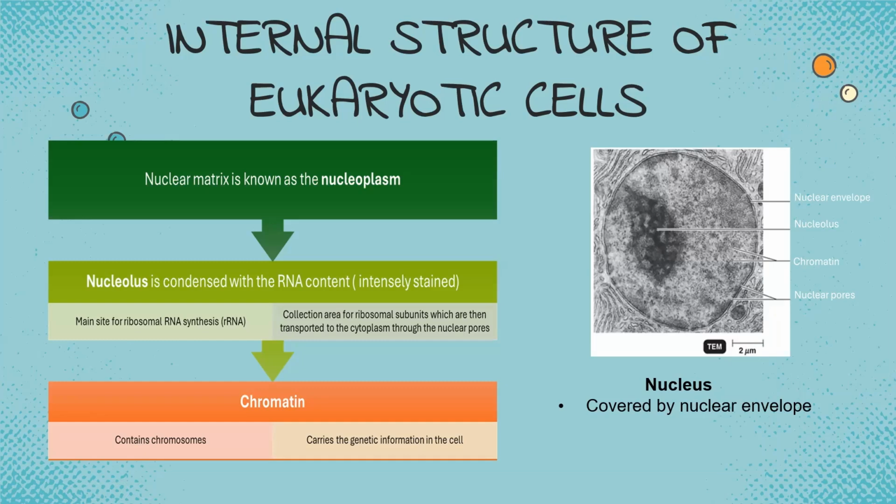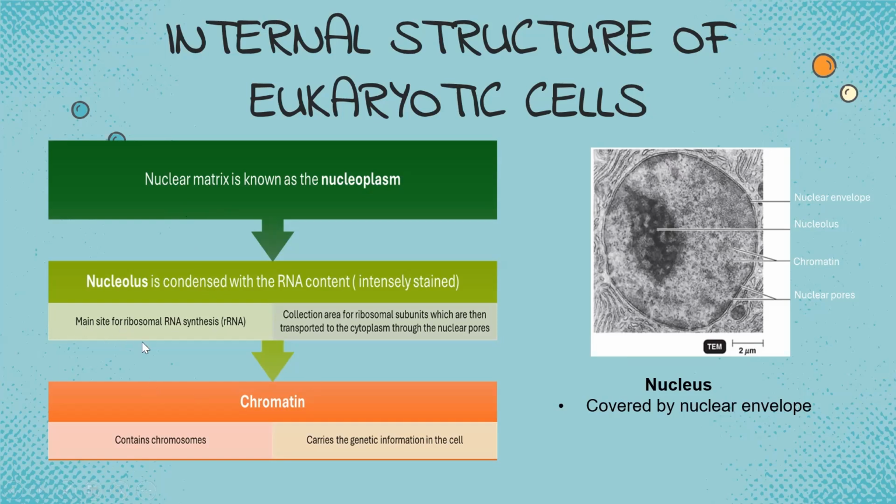Internal structure of the eukaryotic cell. This is the picture of the nucleus. The nuclear matrix is known as nucleoplasm, and the nucleolus is condensed with RNA content.